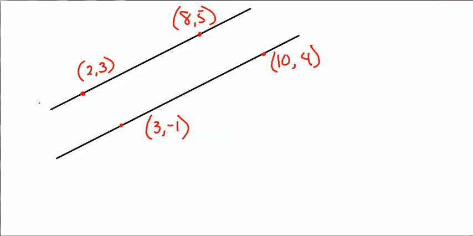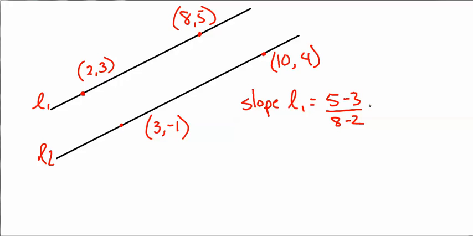So if this is line 1 and this is line 2, the slope of line 1 is going to be equal to 5 minus 3 over 8 minus 2, right? 5 minus 3 is 2, 8 minus 2 is 6, 2/6 is 1/3. Then you would have to find the slope of line 2.